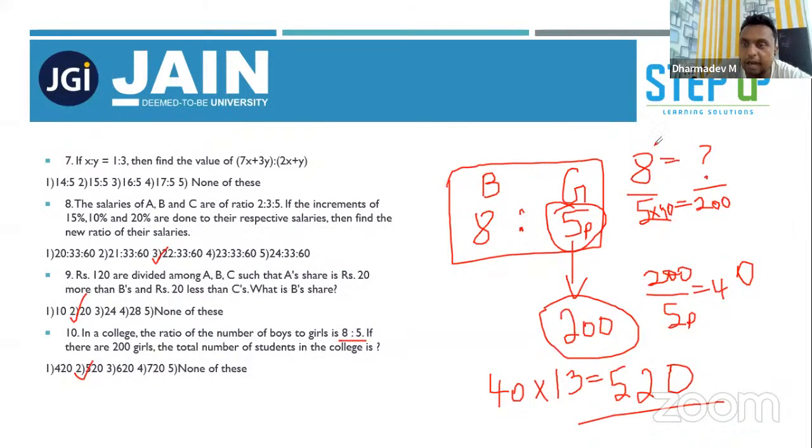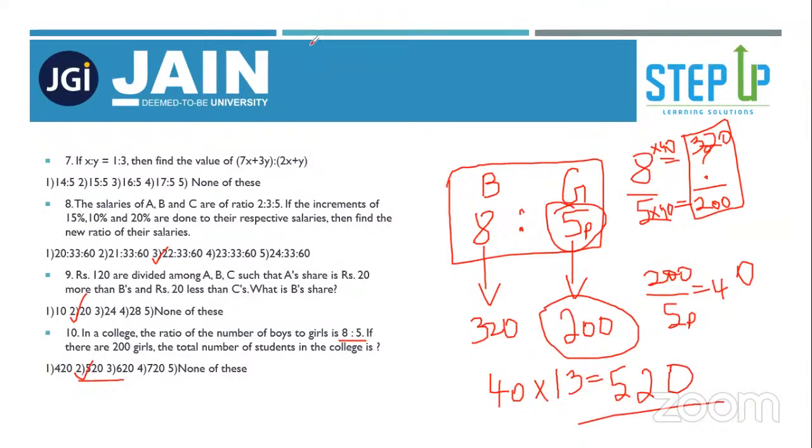Then 8 times 40 is what? Multiply it and then add both the populations because they're asking for the total. This is 320 and this is 200. If I add them both, I get 520. They're asking how many students are in the class, so it's 520.